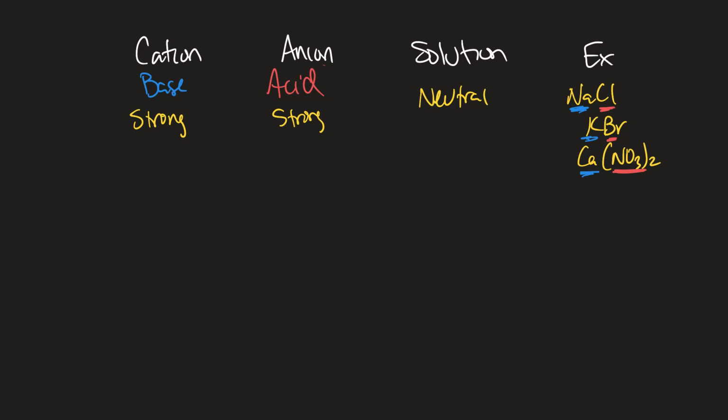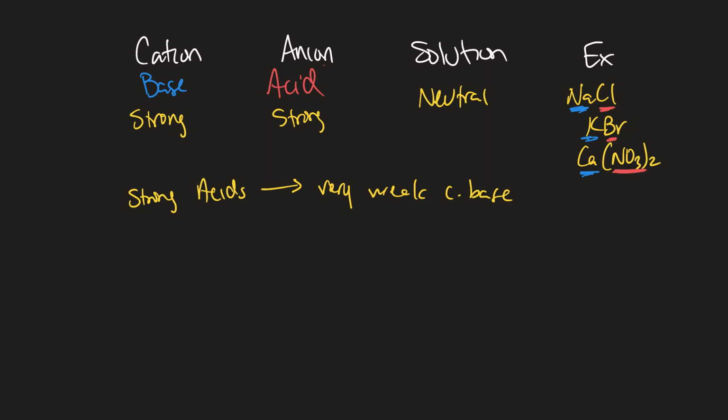Anything coming from strong acids makes very weak conjugate bases. Very, very weak conjugate bases do not really react with water all that well. If you have such a conjugate base, it will not react with water really well, so it won't make the solution acidic.